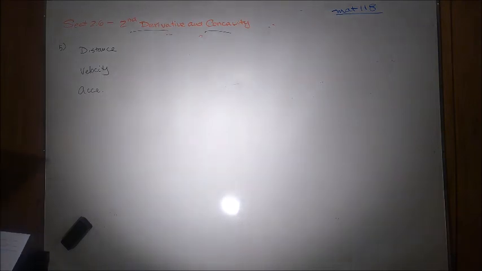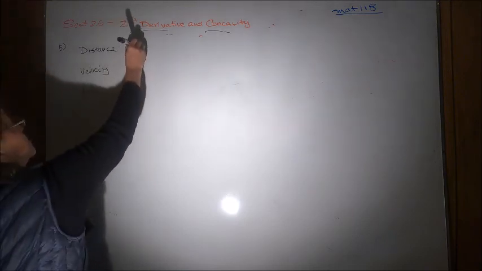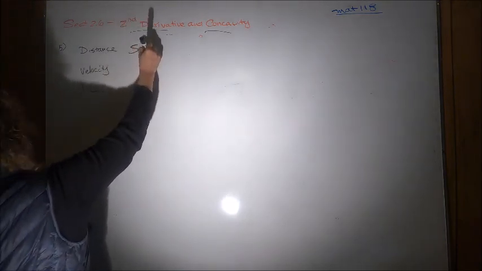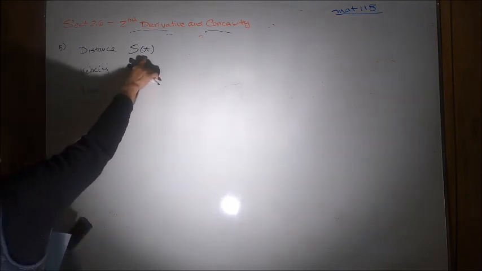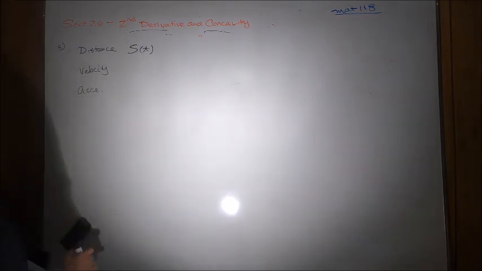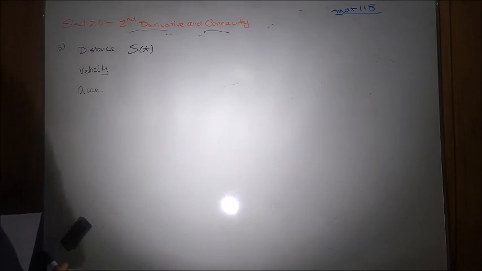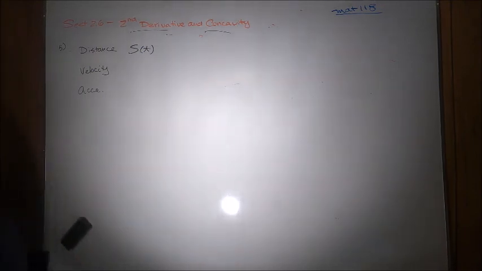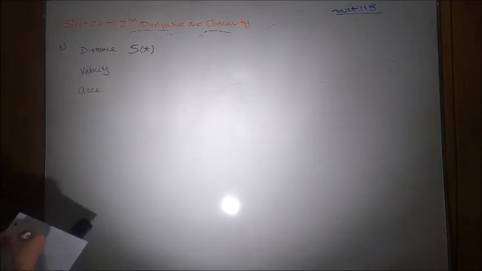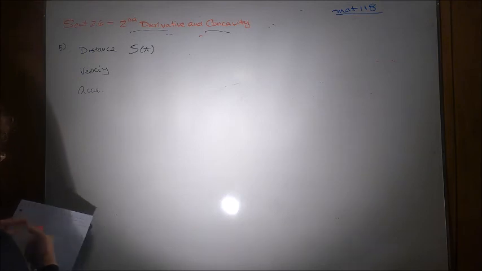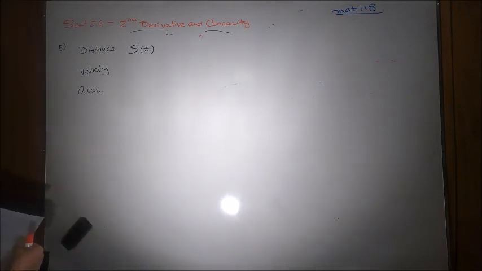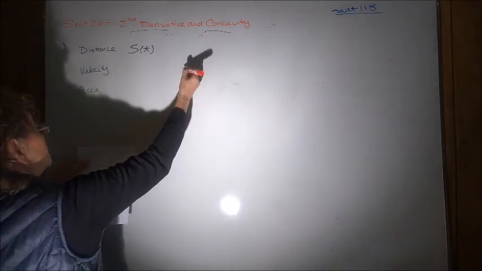So how far is the distance? We use this symbol for distance at the time t. T is your time. Then if you take the derivative of the distance, that is actually the velocity. Okay? Because what happened?